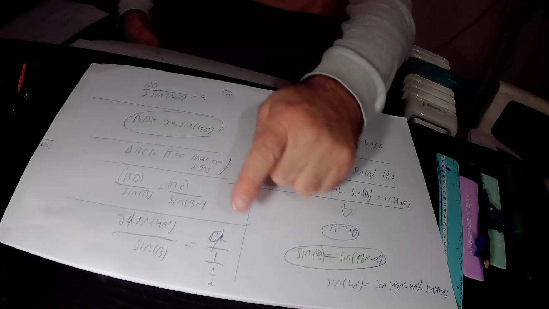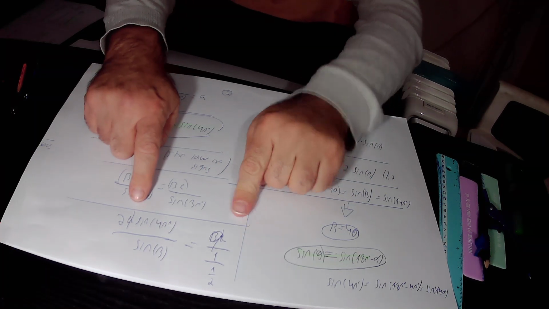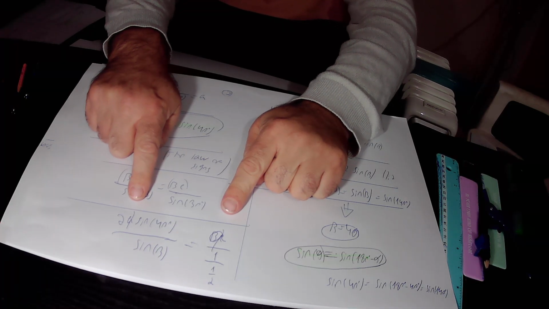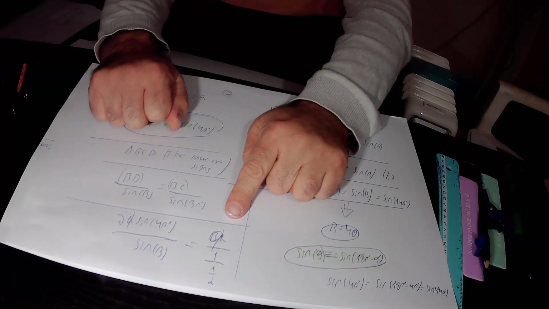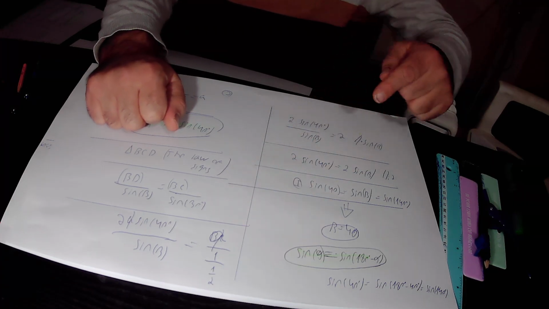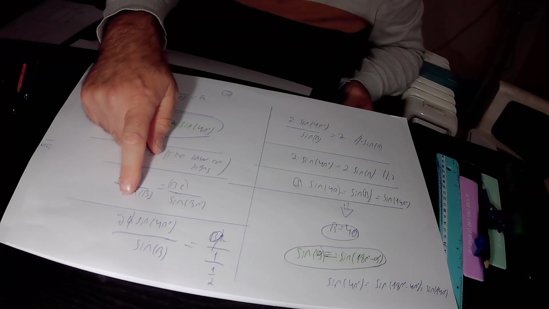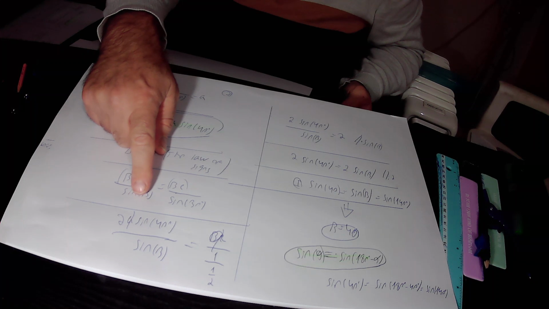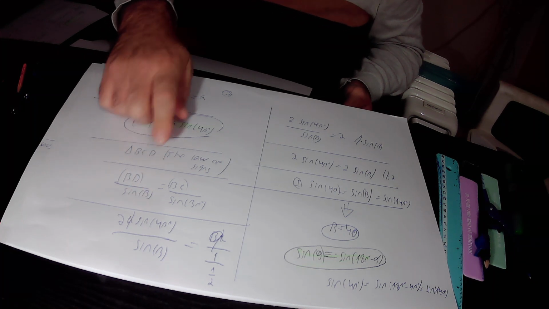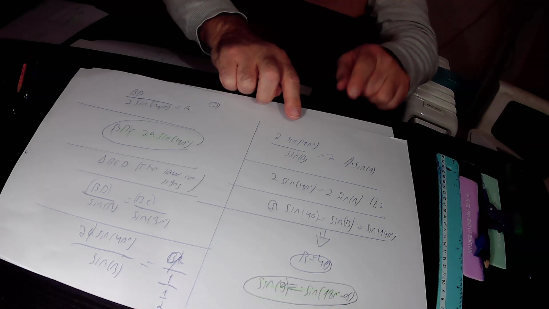Sin 40 degrees is 1/2. Here we have A on both sides of this equation, so A gets cancelled. After cancelling, A over A is 1, so this side of the equation is left only with 1 over 1/2, and 1 over 1/2 is 2. On the other side of the equation we have 2 times sin 40 degrees over sin beta. So 2 times sin 40 degrees over sin beta equals 2.